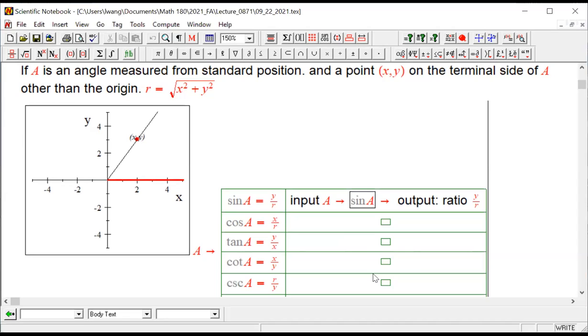So if people ask you, give me the definition of sine, cosine in trigonometry, what do you say? You say, oh, it's opposite over hypotenuse.